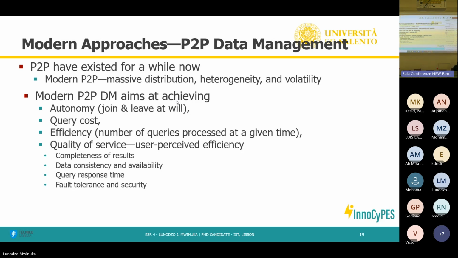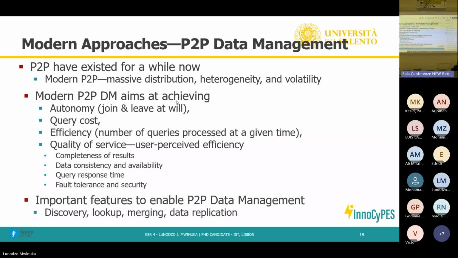But also quality of service, which is user-perceived efficiency. This can be in terms of completeness of results, because there is always a concern of time when fetching data, and so how complete the results we get are. There is also data consistency and availability, query response time as we've already looked at, fault tolerance, and lastly, security.